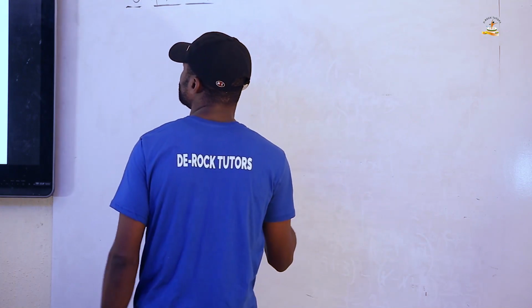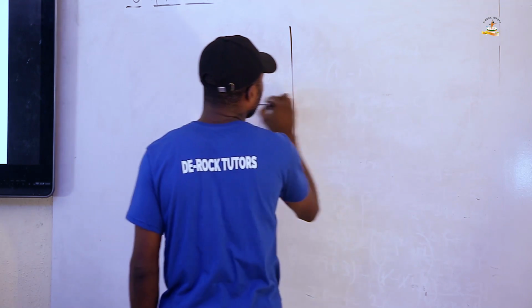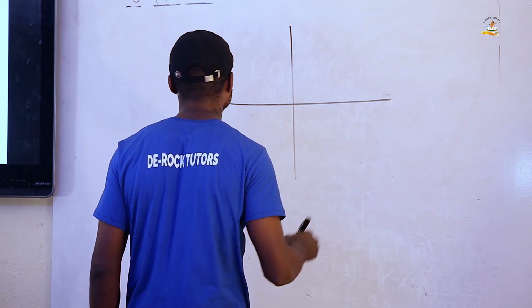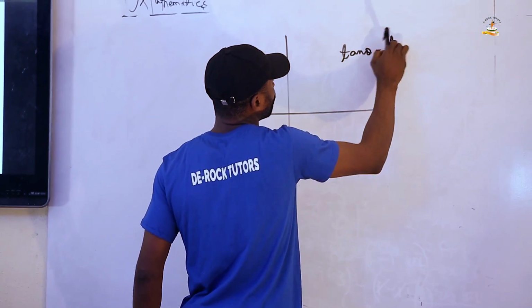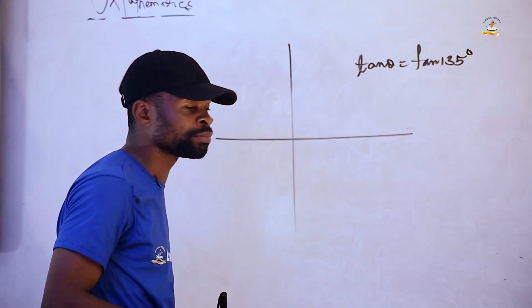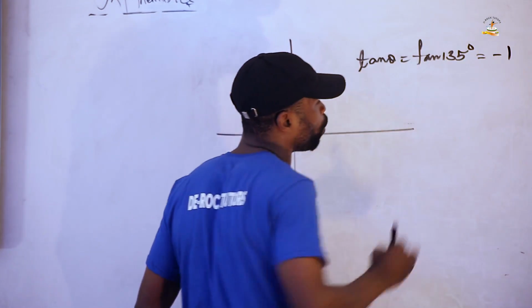Here, you have a line. You do not know whether the line slopes upward or downward. As it is here, our slope is tan theta, which is equal to tan 135 degrees, and tan 135 degrees is equal to minus 1.